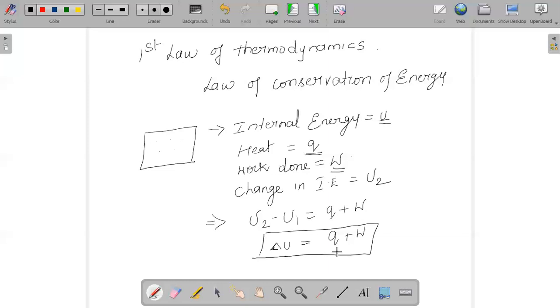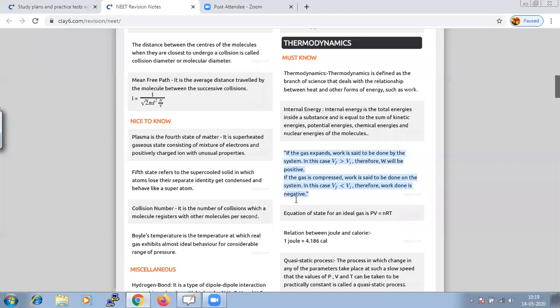And change in internal energy is heat plus work done. It is also important to note that we have a relation between joule and calorie. This is very useful to make a note of, because we need to use this when we are solving numericals in order to convert.